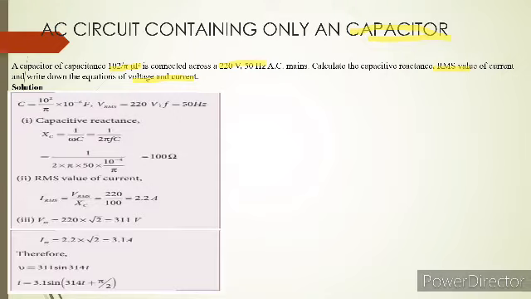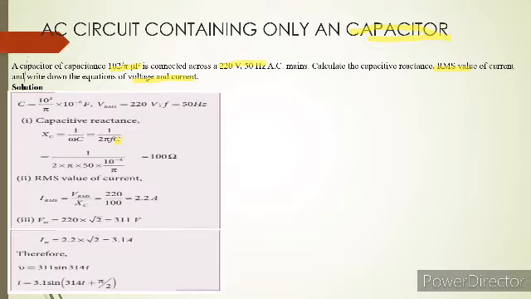First let us find out the capacitive reactance. Capacitive reactance is given by 1 by 2 pi fC, whereas inductive reactance XL is given by 2 pi fL, right? The only difference is that C and L differ, and here it is inverse, so we have to write 1 by 2 pi fC.